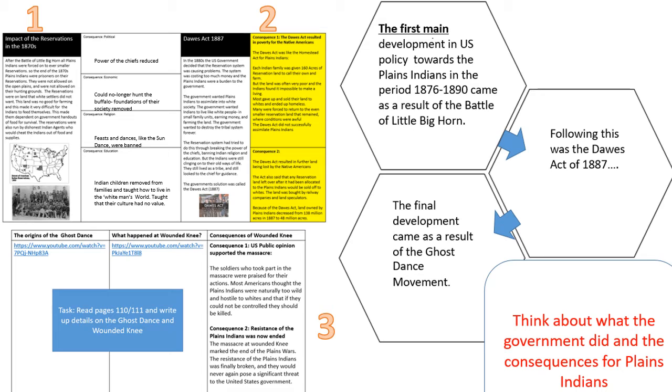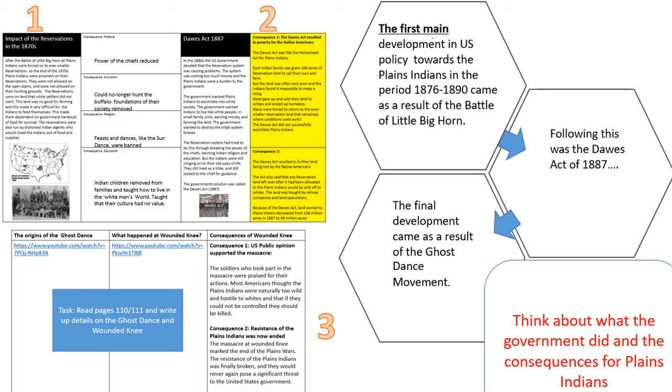So you have to explain how, after the Battle of Little Bighorn, the US government forced the Plains Indians onto ever smaller reservations. They weren't allowed to hunt buffalo, and that obviously had political, economic, religious consequences for the Plains Indians.